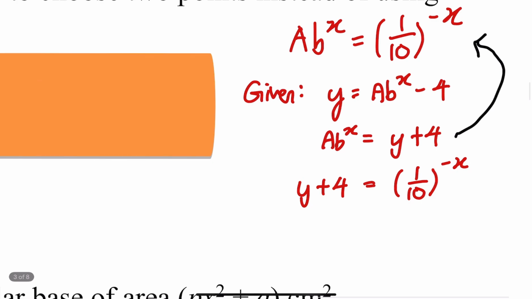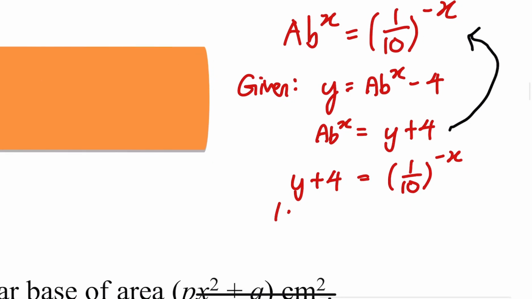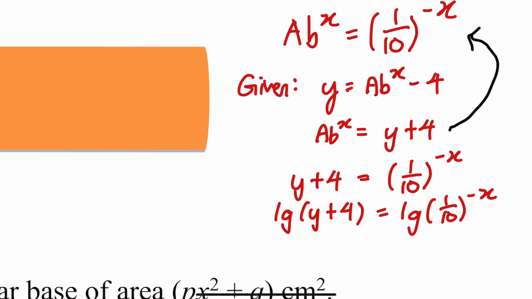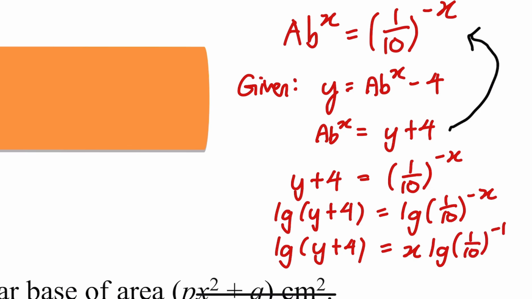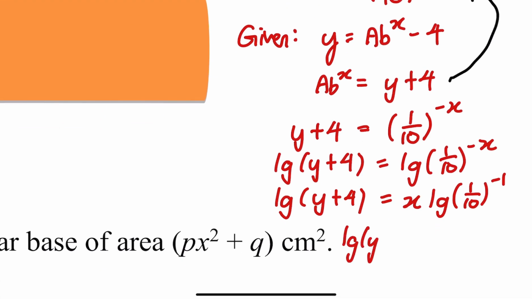So from here, if I take log on both sides, log of y plus 4 is equal to log of 1 over 10 power negative x. Therefore, by power law, I can bring down the x. Log y plus 4 is equal to x times log of 1 over 10, the whole thing power negative 1, which will give me log y plus 4 is equal to log 10 times x, because 1 over 10 power negative 1 is 10.